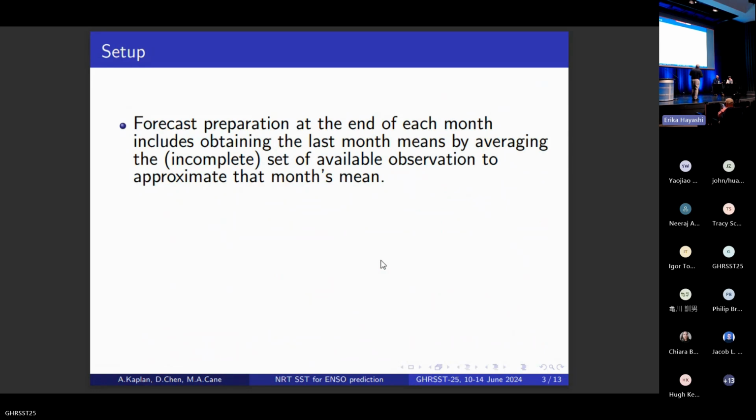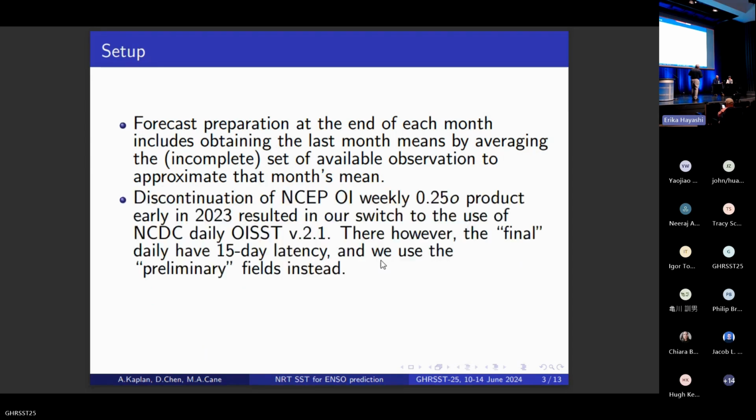Forecast preparation at the end of each month includes obtaining the last month's means by averaging the incomplete set of available observations to approximate the month's mean. And discontinuation of the NCEP OI weekly quarter degree product early in 2023 gave us a lot of grief.